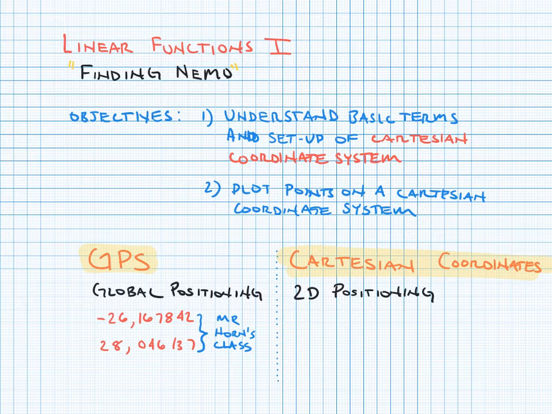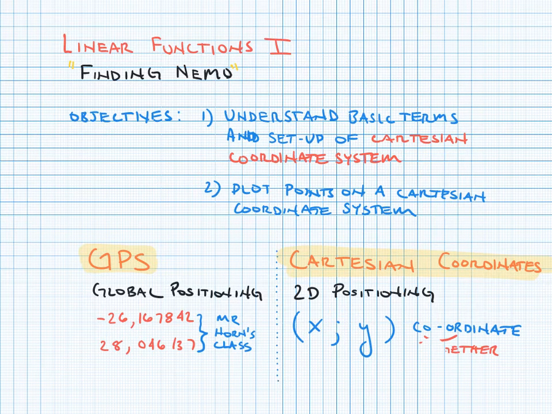In geography, numbers and letters are often used together to find things on a map. But in mathematics, we're going to use the two letters we've been working with, X and Y, to make a coordinate. Coordinate, by its very definition, means two things working together.